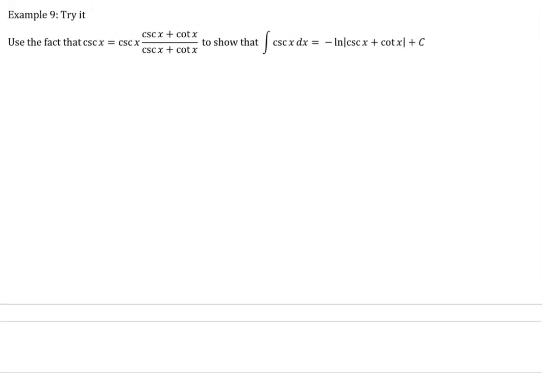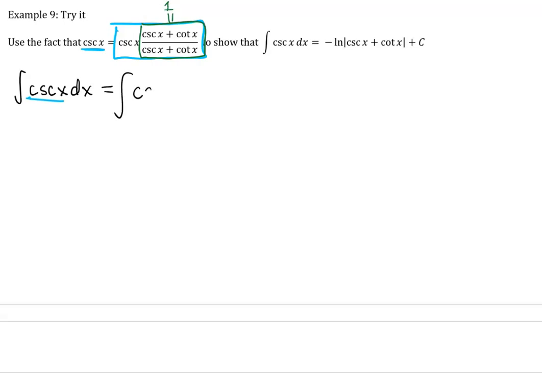So we want to integrate cosecant x dx. That's what we want to figure out here. And we're told to use the fact that cosecant x, which is exactly what we have, is equal to this expression here, which it clearly is, because those fractions, I could just cancel that out, because this green piece right here is just 1. But I want to show you why we rewrite it like that in order to be able to do this integration.